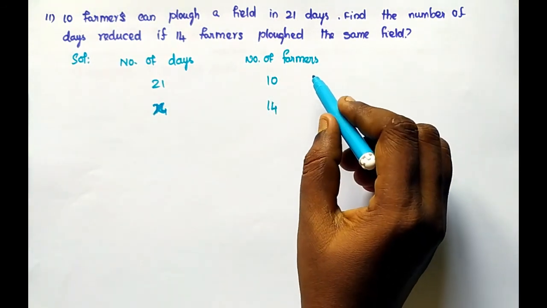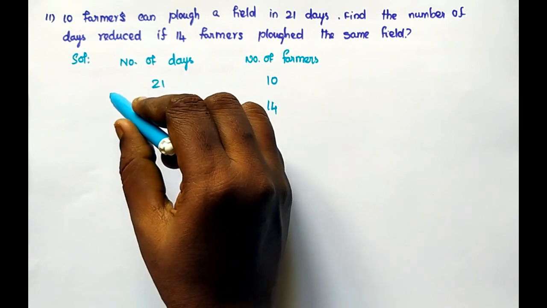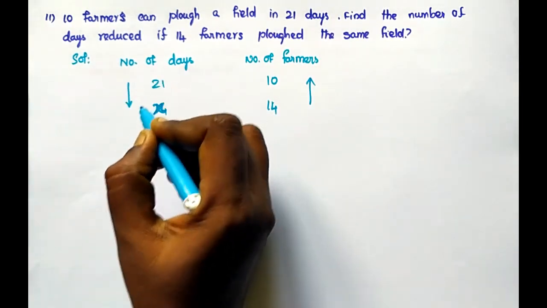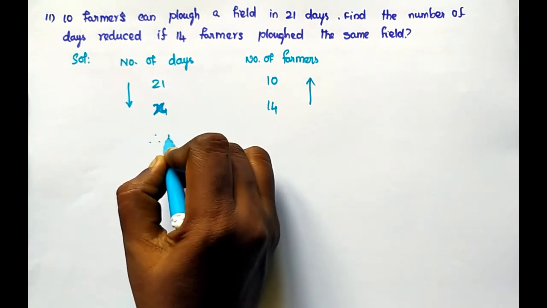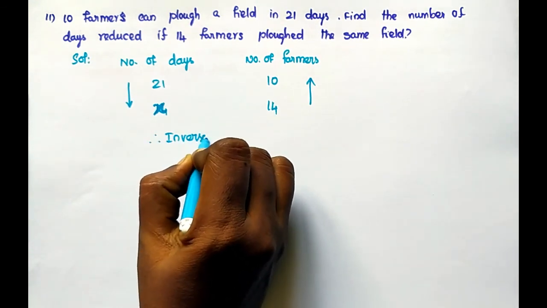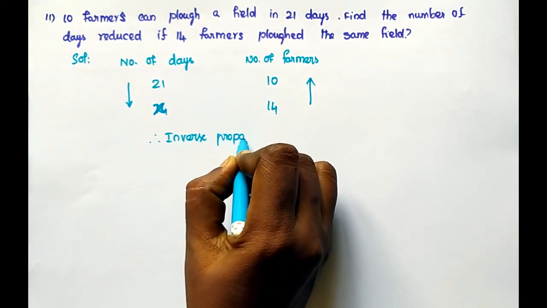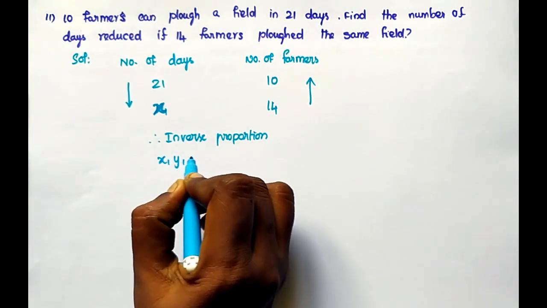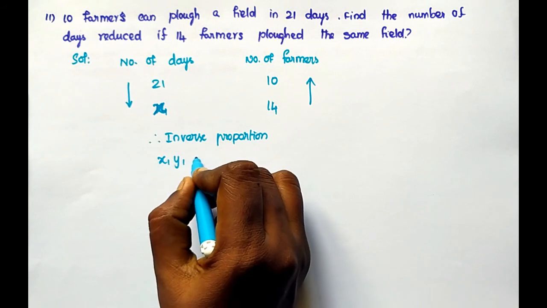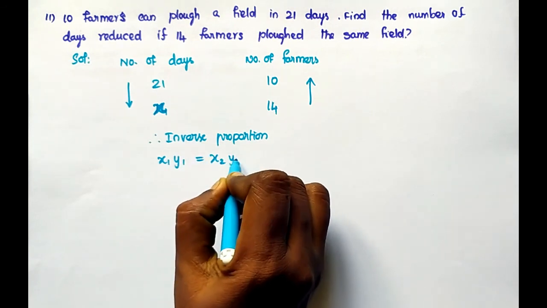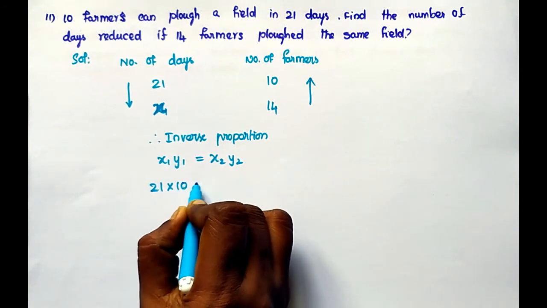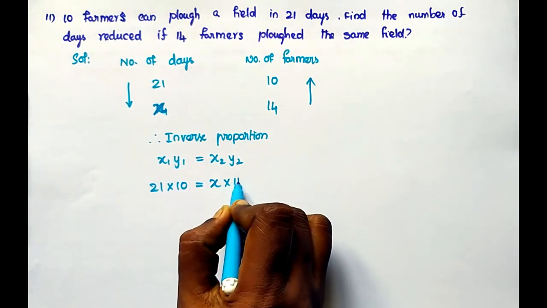Listen, number of farmers increases means number of days decreases. That is inverse proportion. Inverse proportion means formula x1 y1 equal to x2 y2, that is 21 into 10 is equal to x into 14.